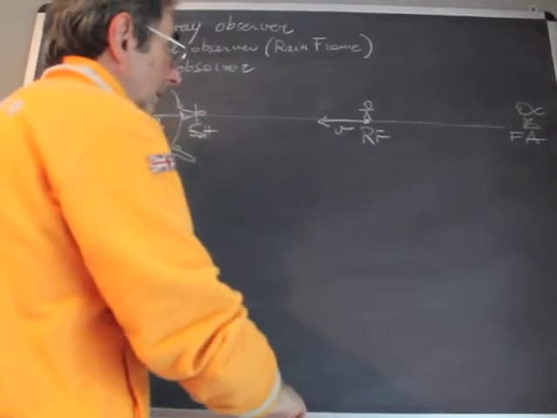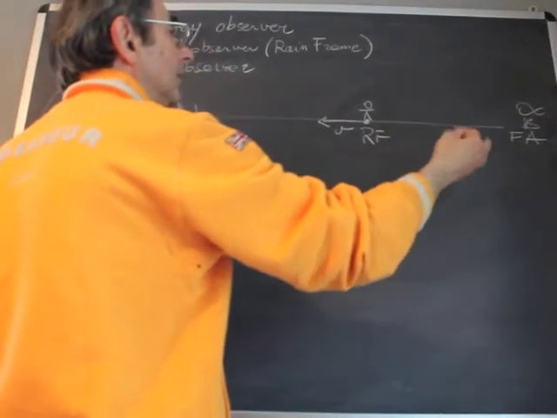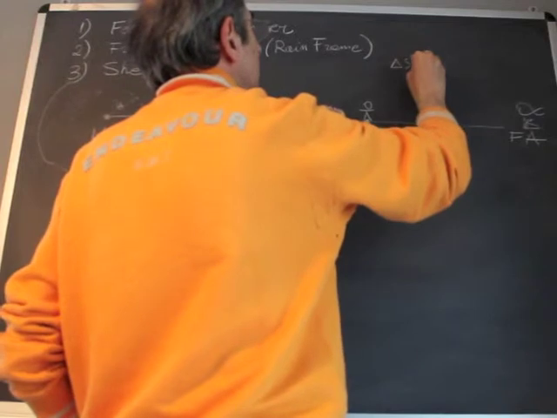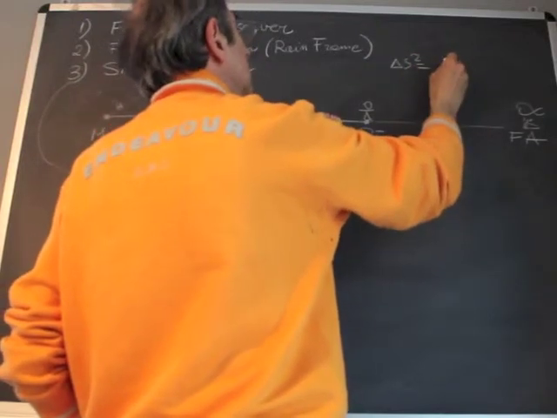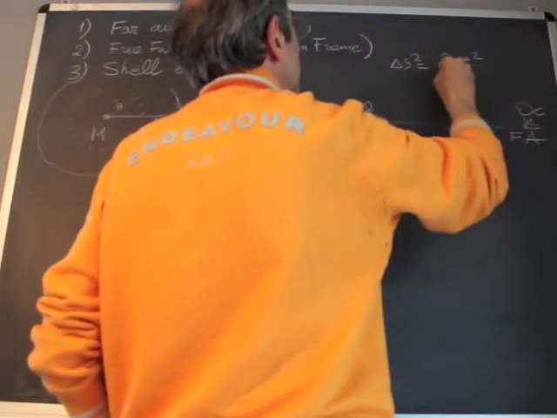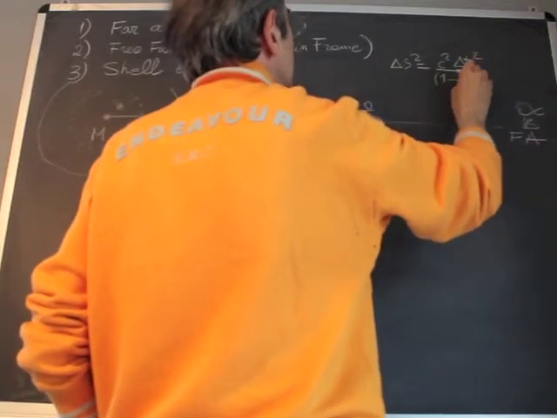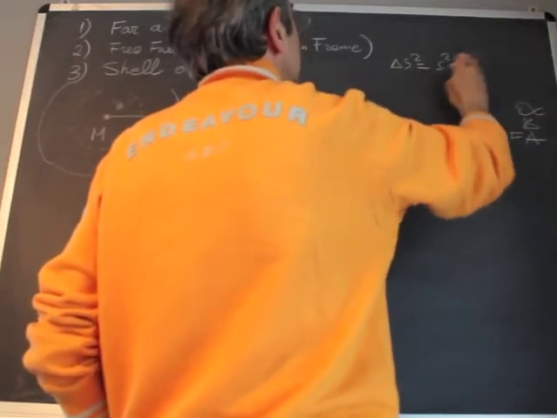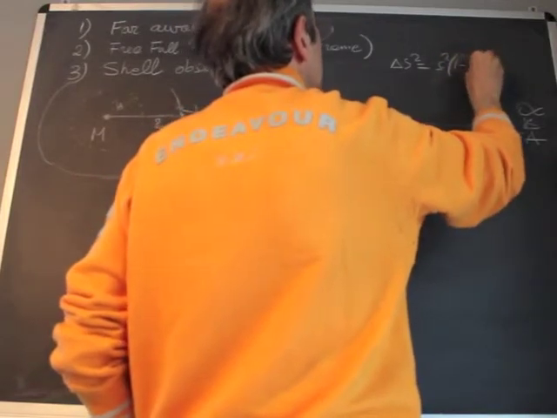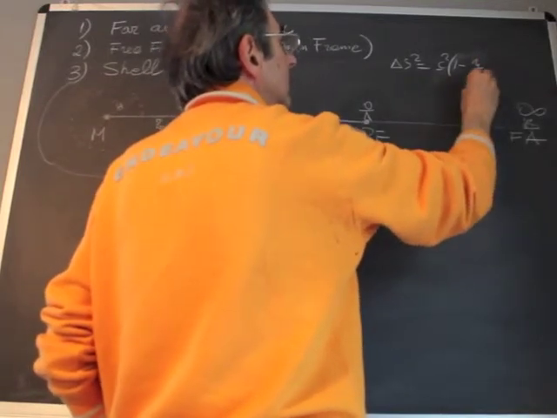You can see it easily because for him the Schwarzschild metric has a simple form: delta s squared is equal to c squared times (1 minus Rg over r) times delta t squared, but r is very big, is infinite.